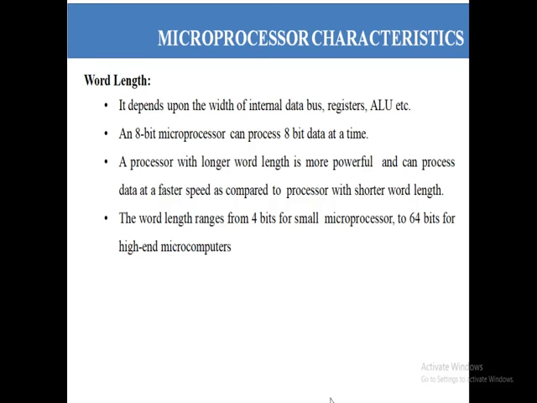If the processor has a longer word length, then it is more powerful, or it can process data at a faster rate. That is, if a processor has a word length of 32 bits, that means the processor can process 32-bit data at a time. So that is faster than an 8-bit processor or a 16-bit processor.